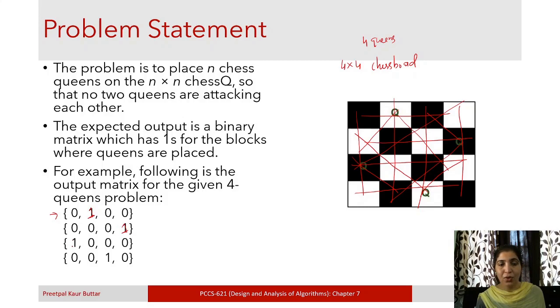In the third row, queen is placed at location 1, and in the last row the queen is placed at location 3. So we have to provide such kind of an output. Okay, so the algorithm has to tell whether the queens can be placed in such a way that no queen is attacking each other, and if they can be placed, then what is the arrangement.